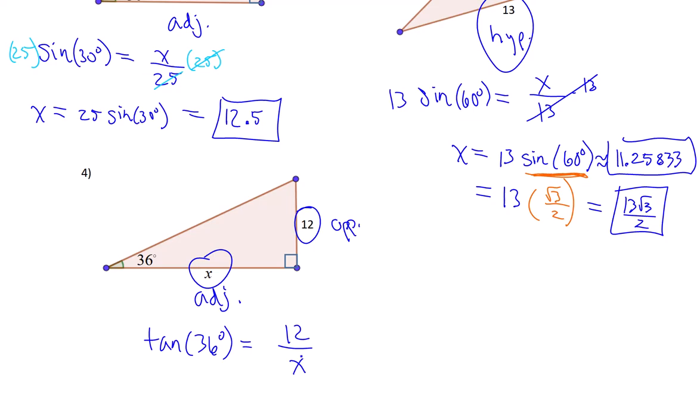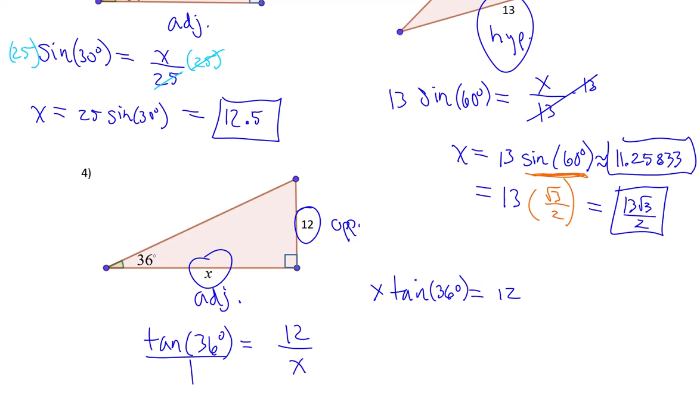Now we have to do a little bit of algebra to solve for x. You could think of tangent 36 as tangent 36 over 1, and then simply cross multiply. This would give you x times the tangent of 36 degrees on one diagonal equals 12 times 1 on the other diagonal. So by cross multiplication, we get x tan 36 equals 12.